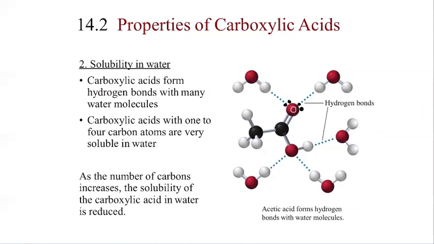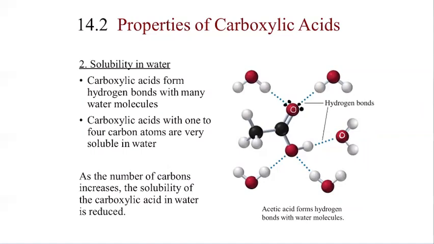Now, because carboxylic acids themselves also have an OH group, the hydrogen in the carboxylic acid can also form a hydrogen bond with the oxygen in the water. And that's what we see illustrated specifically here.